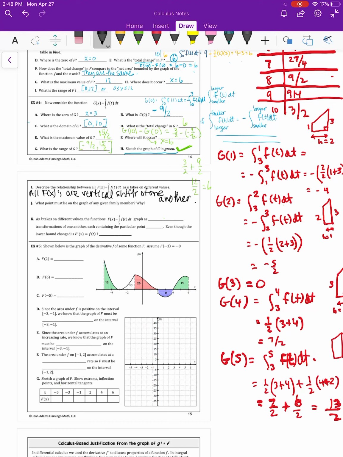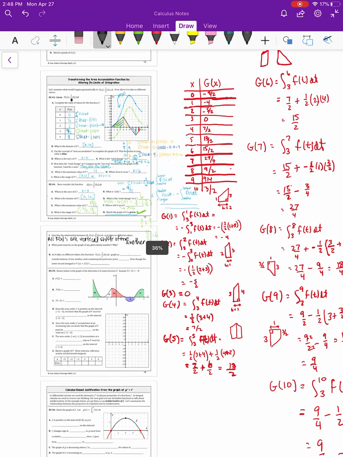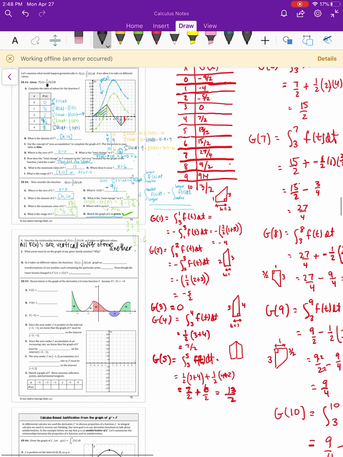What point must lie on the graph of any given family member and why? Well, I notice up here that when the 0 was at the bottom, 0, 0 was on my graph. When the 3 was at the bottom, 3, 0 was on my graph.